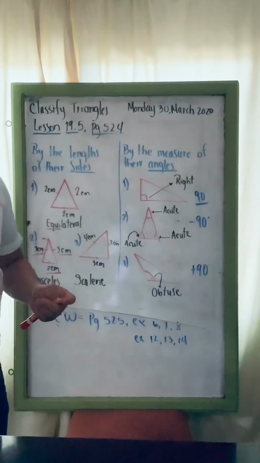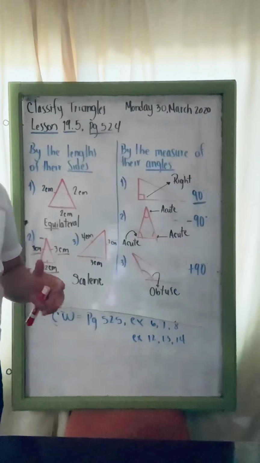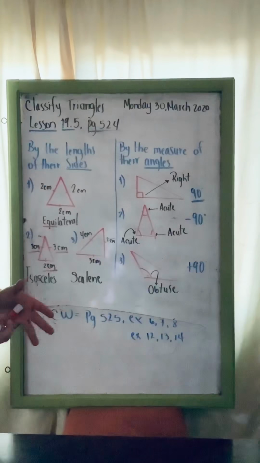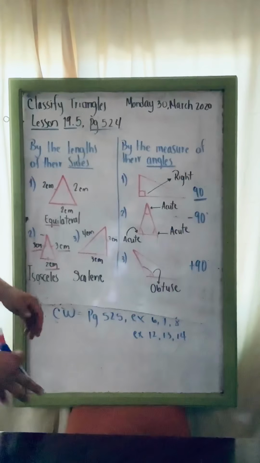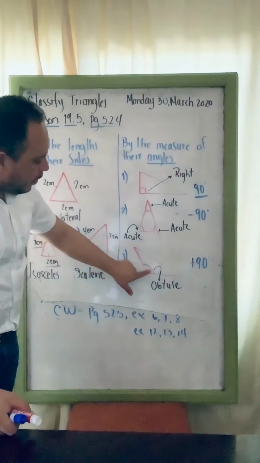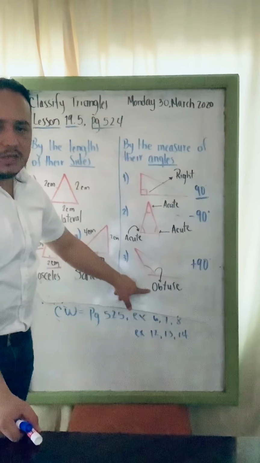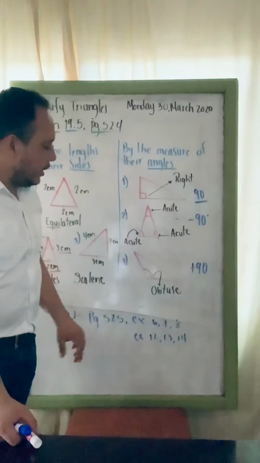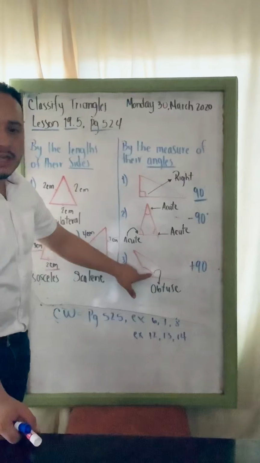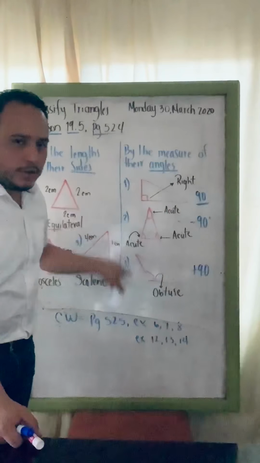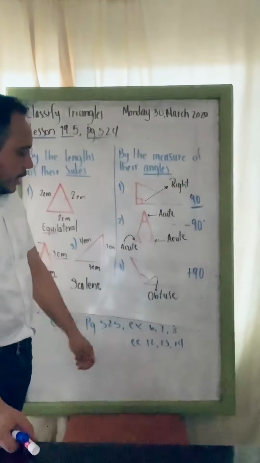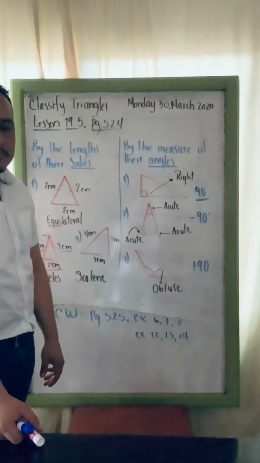So then if you need a little more information, you can go back in your book and check a little more about measuring angles. In this case, here we have an obtuse angle. Obviously it measures more than 90. So then this angle gives the name of the triangle. This triangle is called an obtuse triangle because of that.